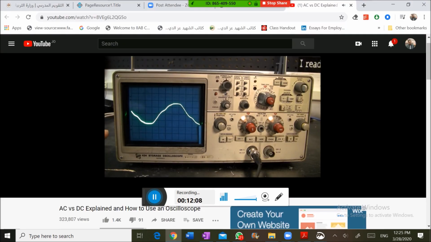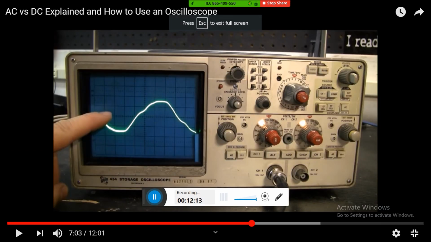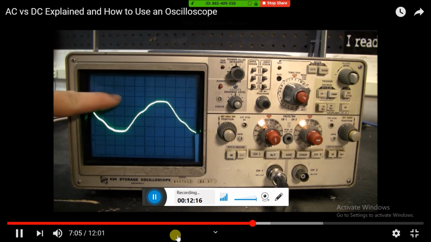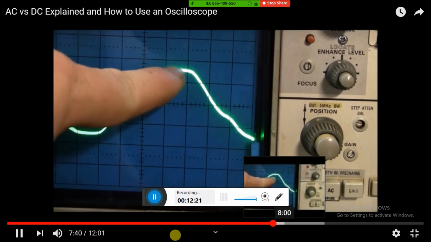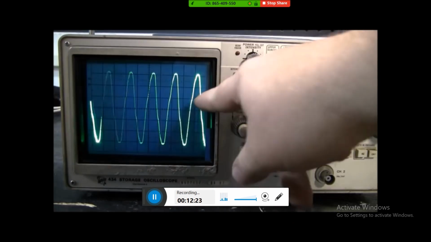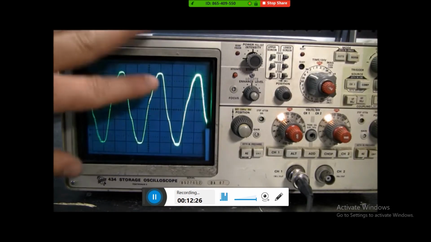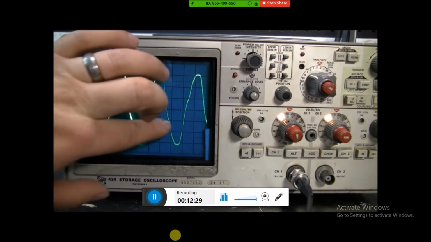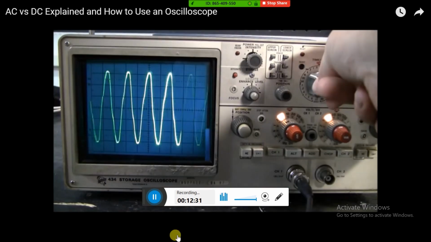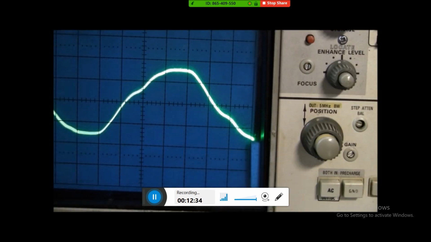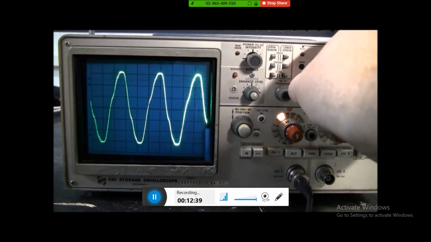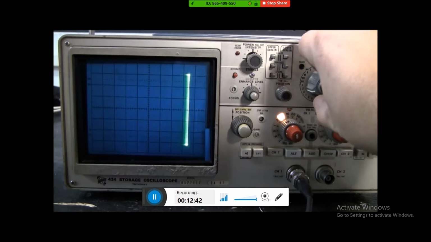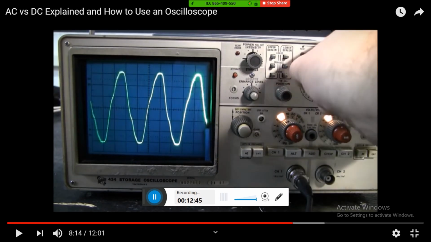Notice that we can look at alternating current cycles. This is very useful. So just for fun, I'm going to turn this time scale so that you can see what happens when I change it. Did you see?